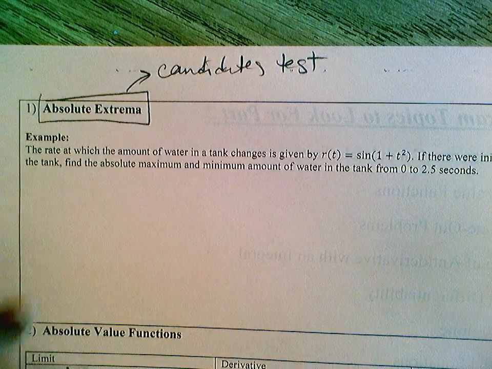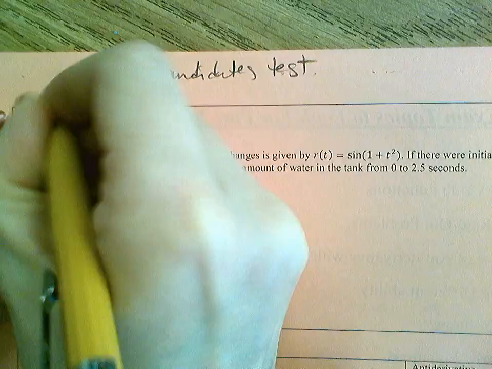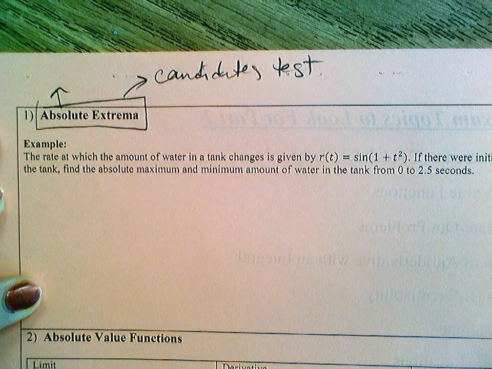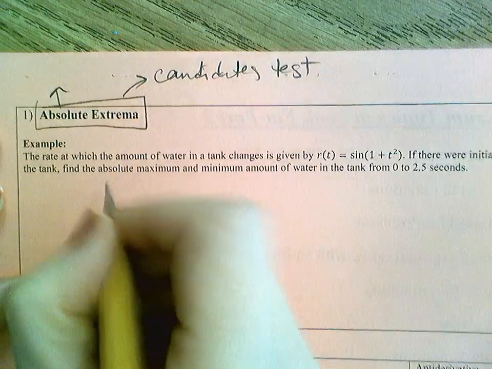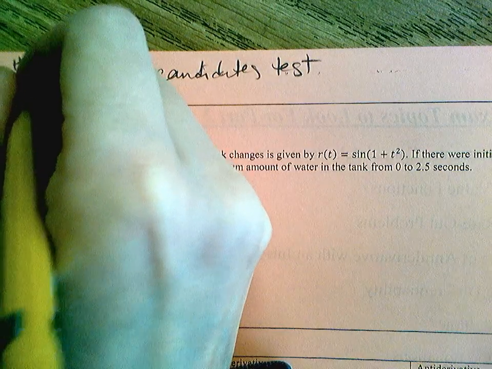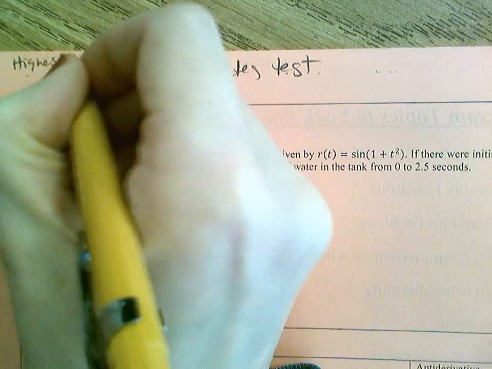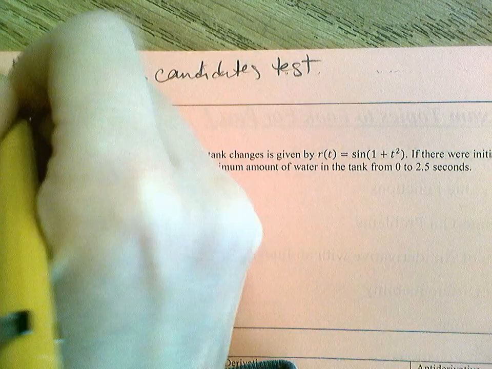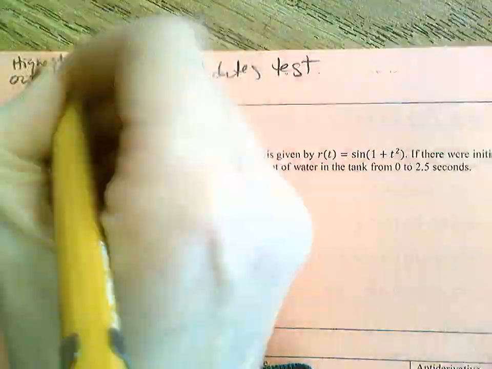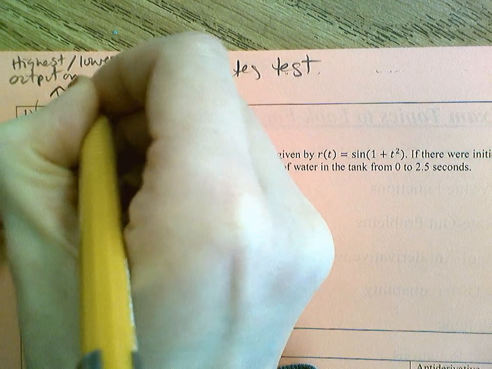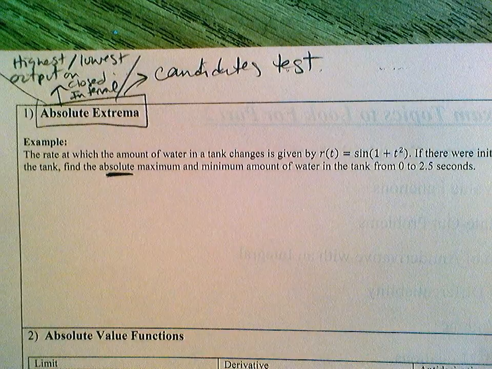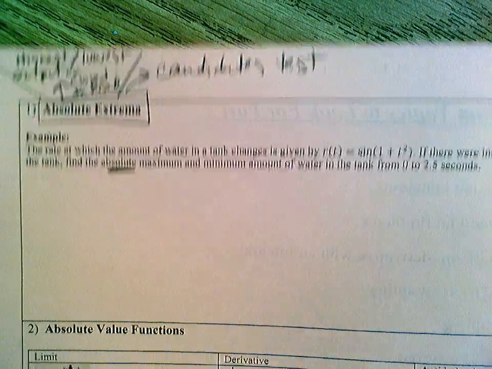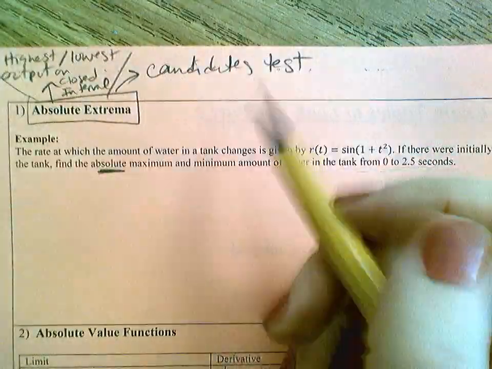An absolute extrema is when they're asking for the highest or lowest output on a closed interval. Okay, so the highest or lowest output on a closed interval. And you always need the candidates test to find it.